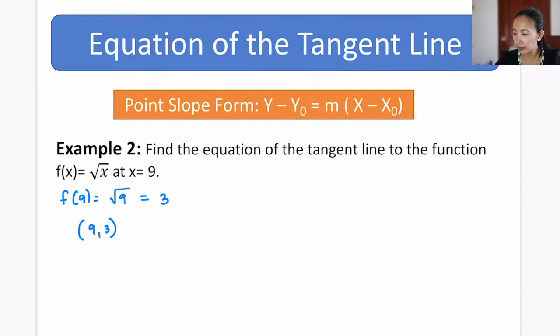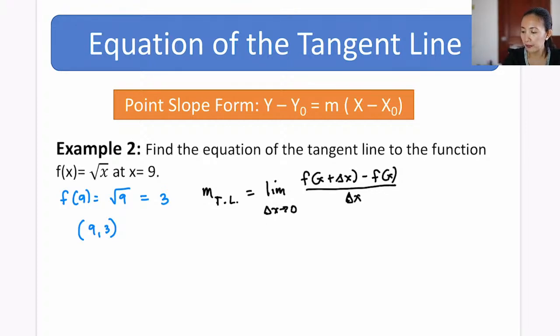Now we are ready to find the slope of the tangent line, which is equal to, what's our formula? Once again, limit of f of x plus delta x minus f of x all over delta x as delta x approaches 0.